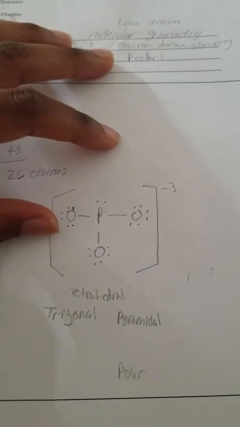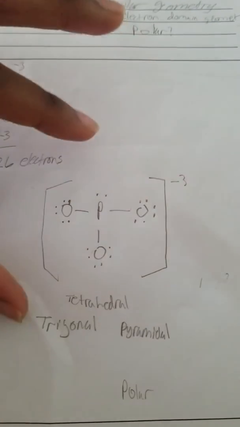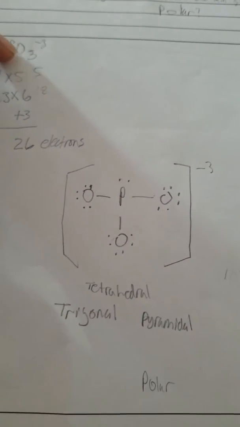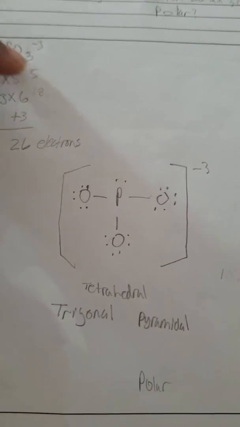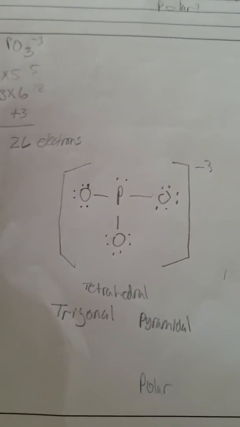Now, I almost forgot, you're going to put this Lewis structure in parentheses because of the -3 charge. This is the official way to write that. Lets everybody know there's a -3 charge around it.